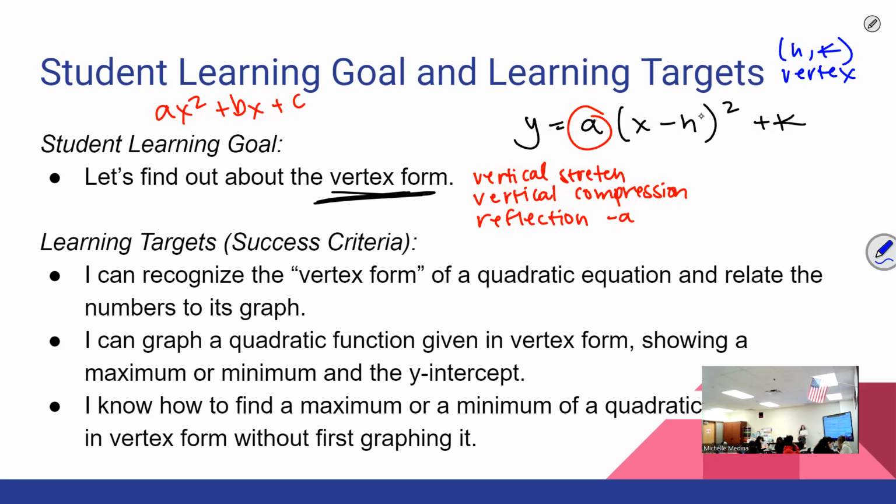Any change to the H, or there being an H, would shift the graph either left or right. If it's moving to the left, that would look like x plus a number in parentheses squared. If it's moving to the right, it looks like x minus a number in the parentheses squared.